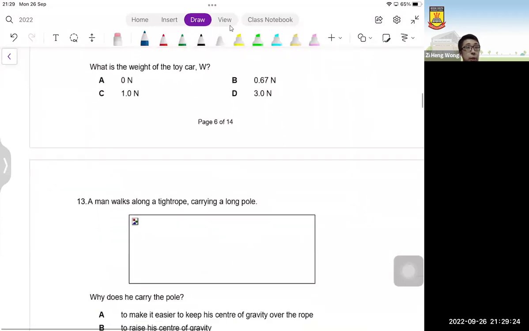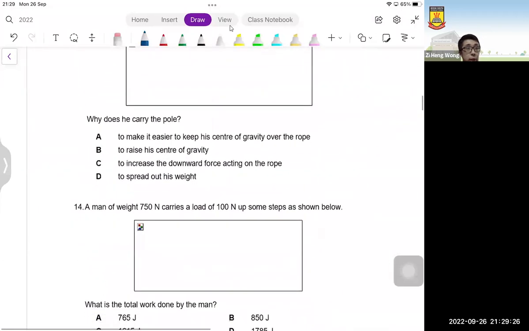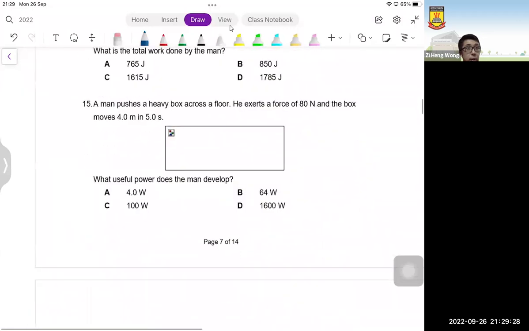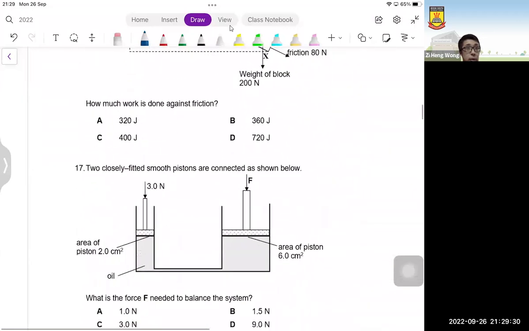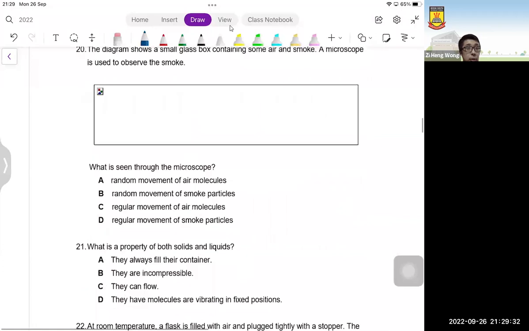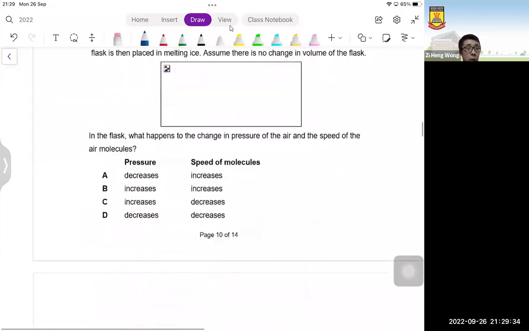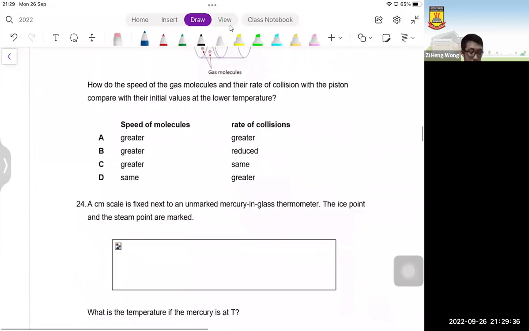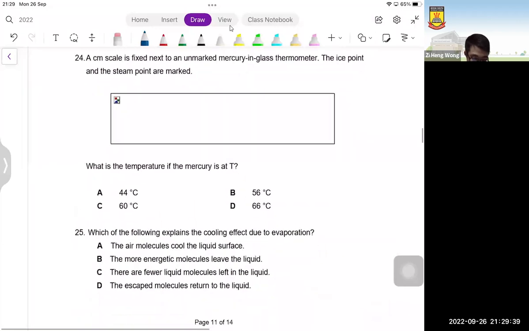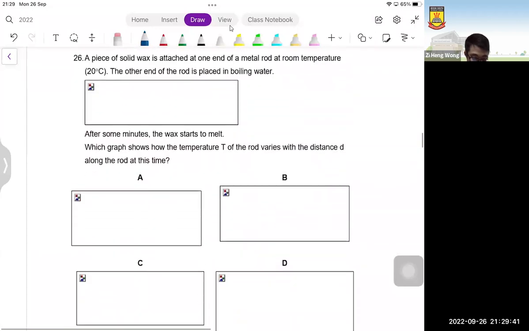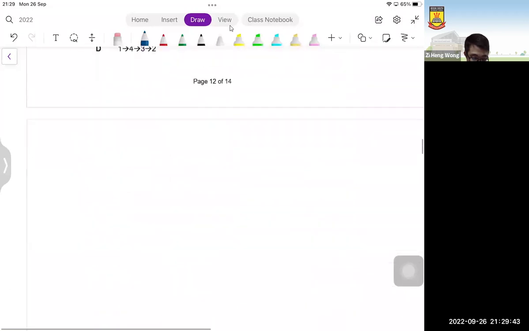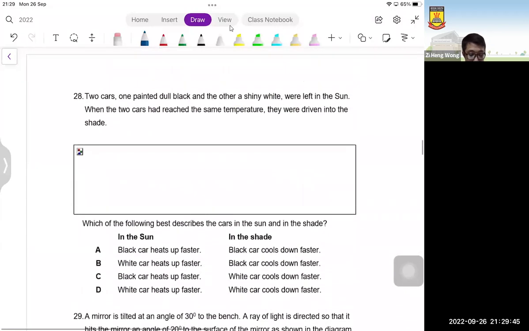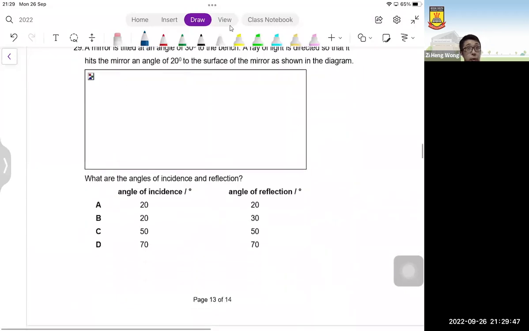Is there any diagram for this? No, I cannot see a diagram.